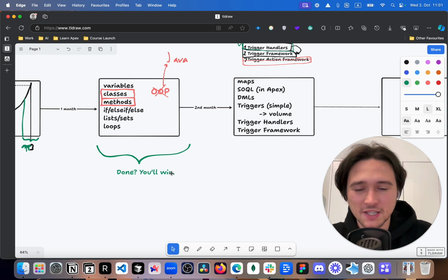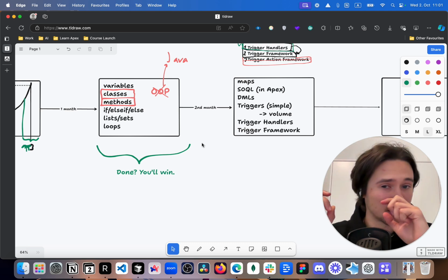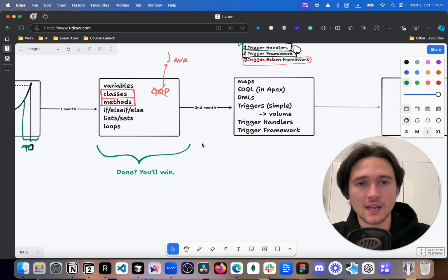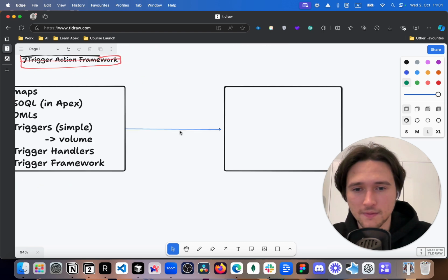Okay? What I see is that if you are capable of understanding those topics, you are capable of understanding all the other topics, and you are capable of becoming a Salesforce developer and working full-time as a Salesforce developer. You have what it takes. Let's go back to what to do in the third month.